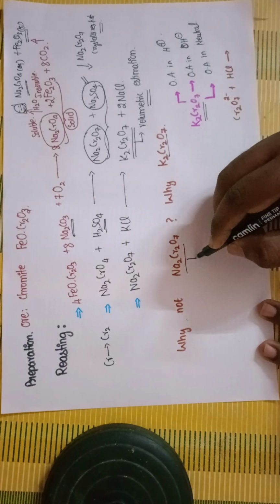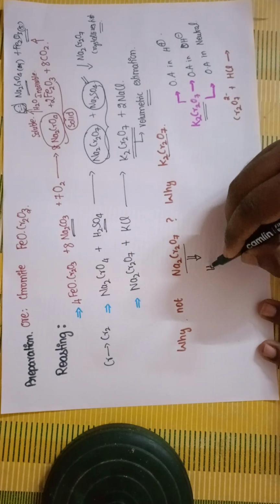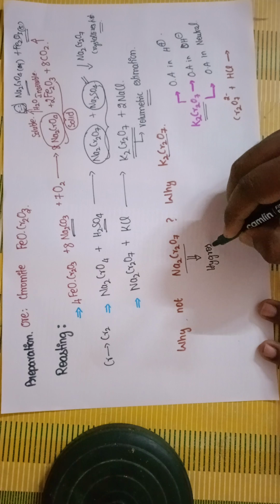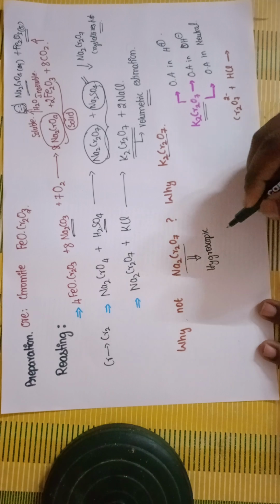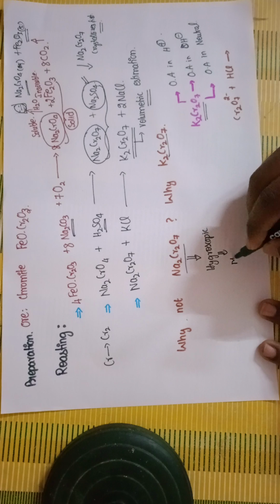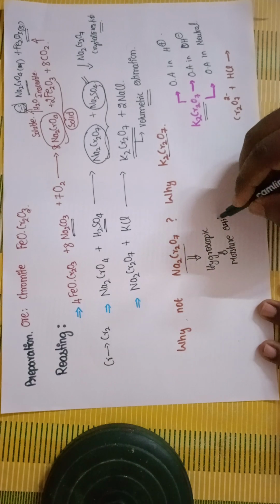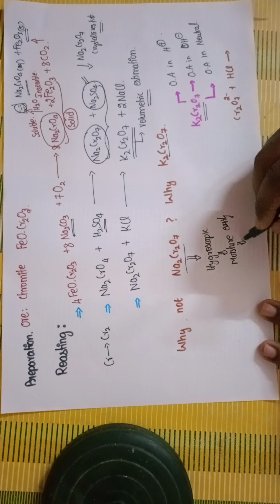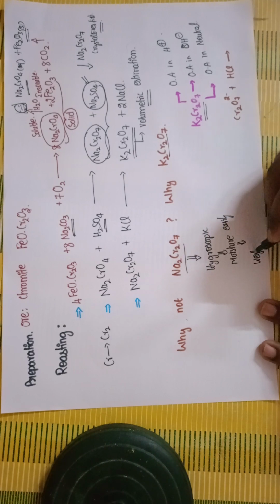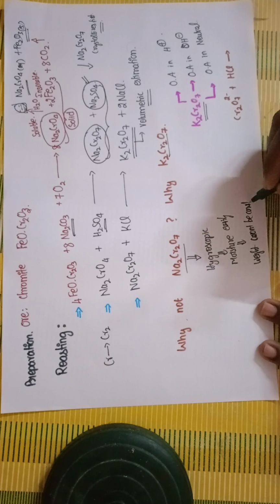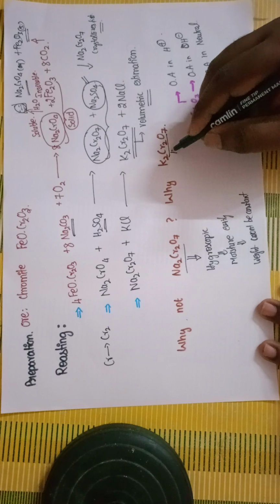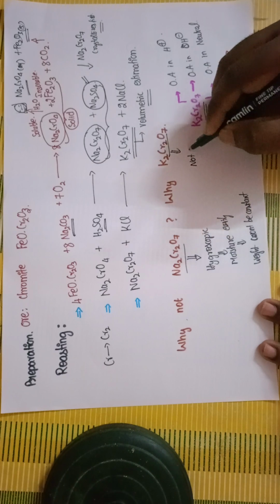The reason is sodium dichromate is hygroscopic in nature, which means it can absorb moisture easily. Then the weight, or the concentration, will not be constant. To avoid this, we are using potassium dichromate, which is not hygroscopic.